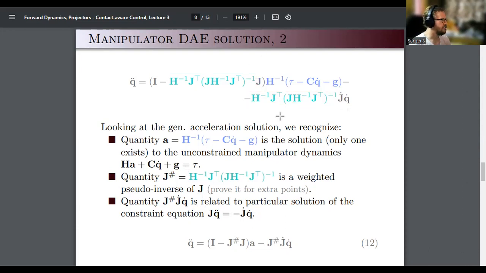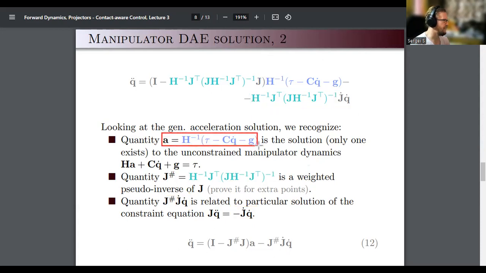All right, finally, this guy times this guy is, here they are in a compact notation. They have to do with a particular solution to the constraint equation.